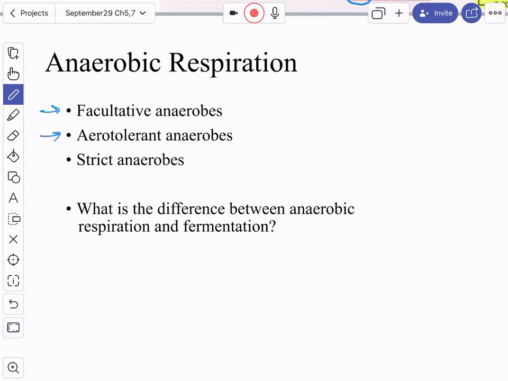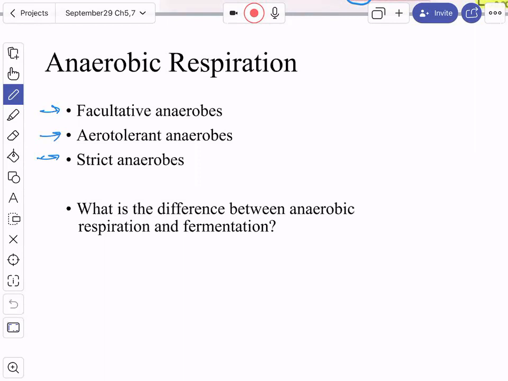Aerotolerant anaerobes typically don't respire aerobically at all. So those organisms are either doing anaerobic respiration or fermentation, and anything that's a strict anaerobe is probably doing anaerobic respiration. Just not strict aerobes like us.